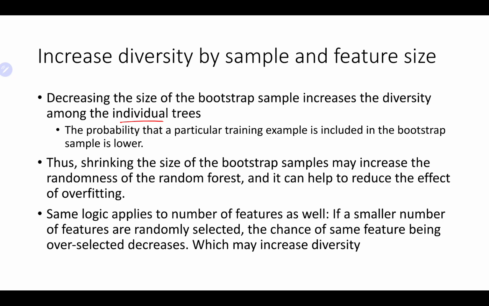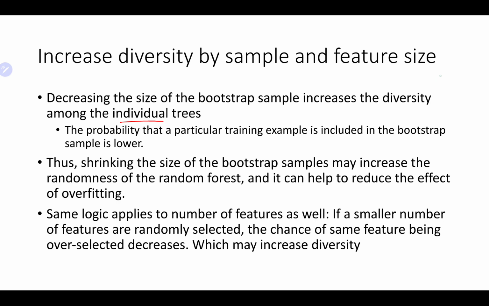If you decrease the number of data points, then the data sets will be more diverse because they are smaller, and each bootstrap created will have more chance of selecting data points that are different from each other, because we are sampling with replacement.